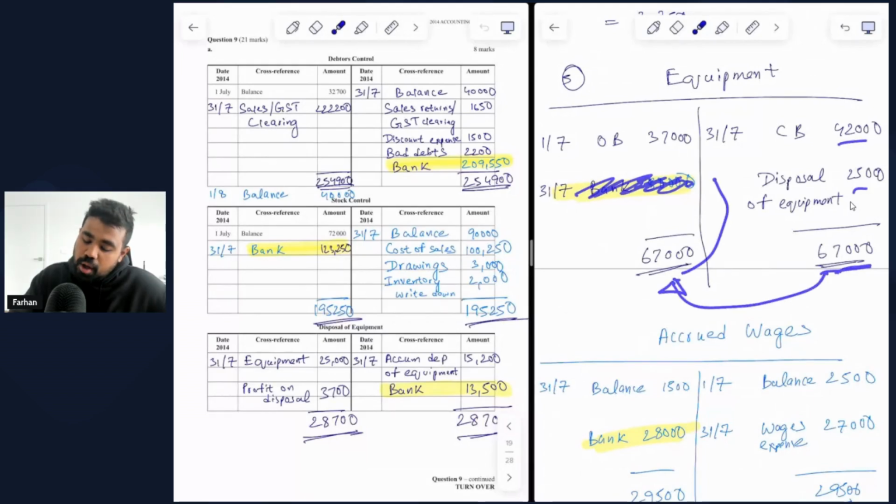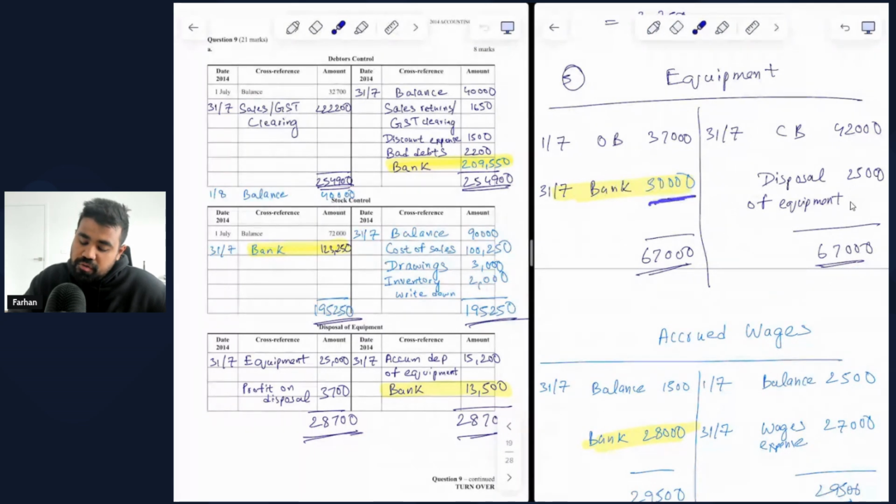So once you subtract the opening balance of 37,000, you're left with $30,000, which refers to the equipment that you have purchased for cash. So this is purchase of new equipment for cash. Cash paid for purchasing equipment of $30,000, which is an investing activity and is going to be shown as a negative number, referring to a cash outflow when we prepare the budgeted cash flow statement.